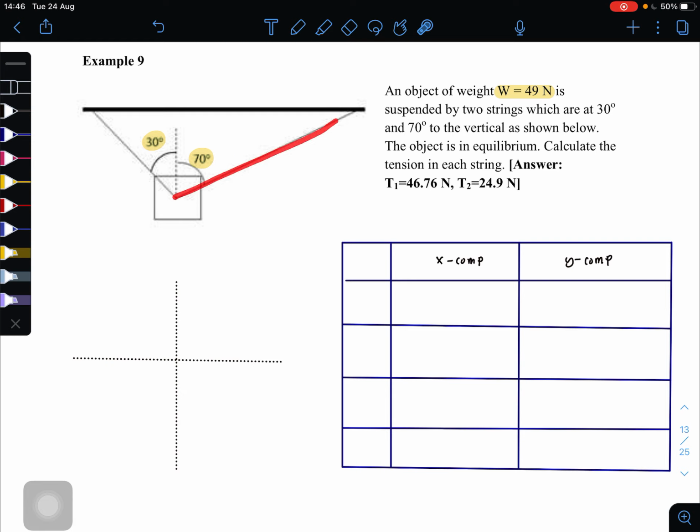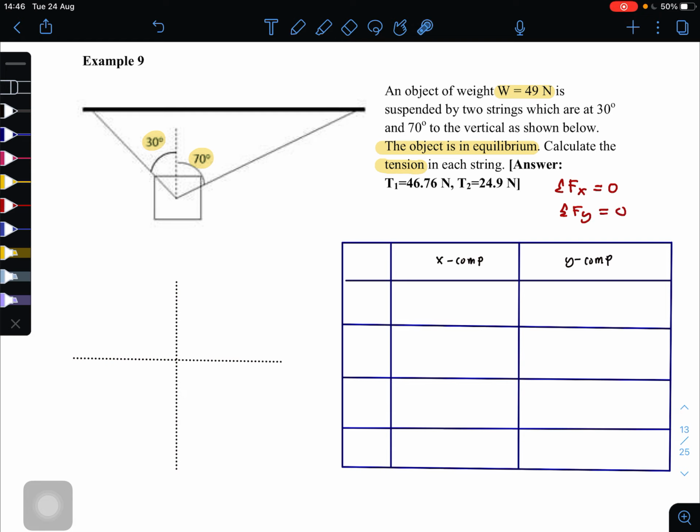This is the string, this is the string, and then in the middle we have an object. Because we want to find the tension in each string, and given the condition here, the object is in equilibrium, which means sum of Fx equal to 0, sum of Fy equal to 0.